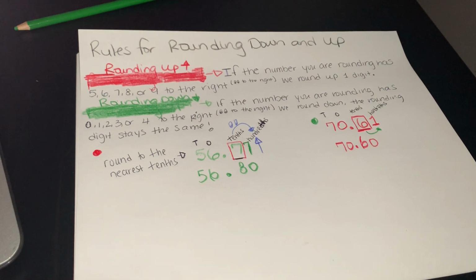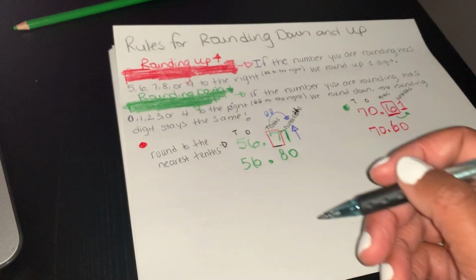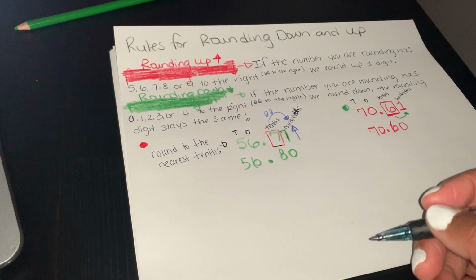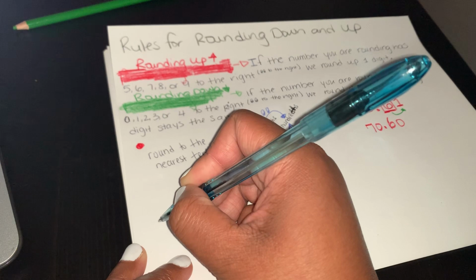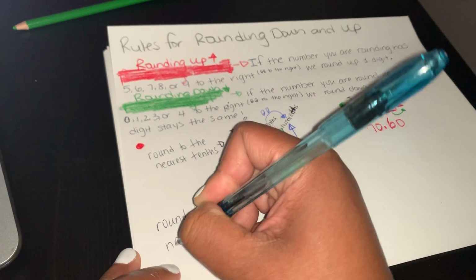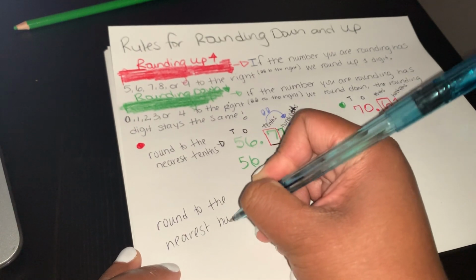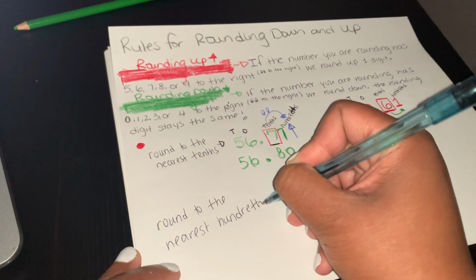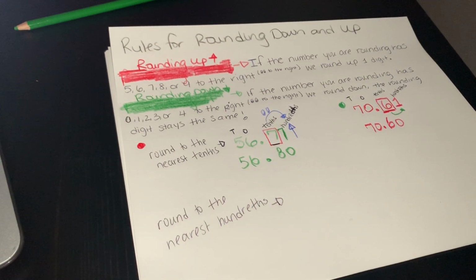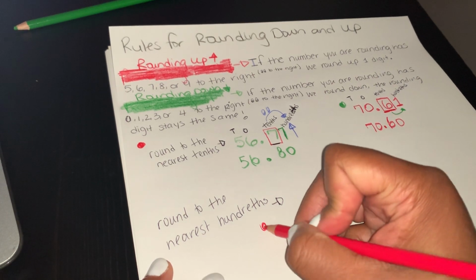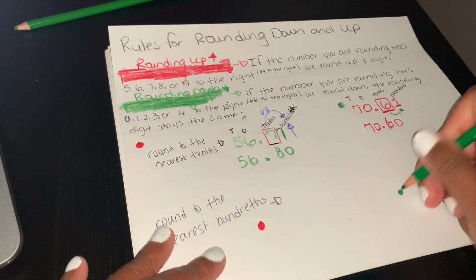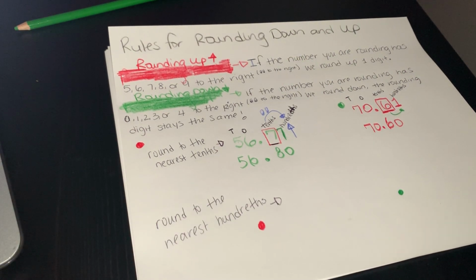Now, I want to do one more, but I want to round to the nearest hundredth. So I want to go ahead and do that for you guys. I'm going to do rounding up first, and then rounding down. All right? So here we go.